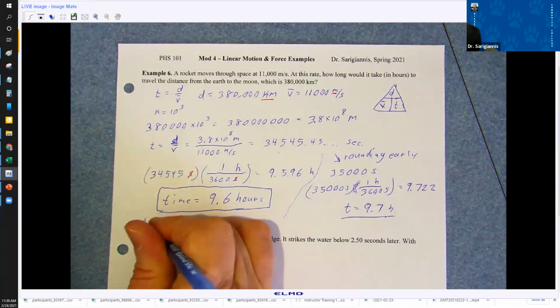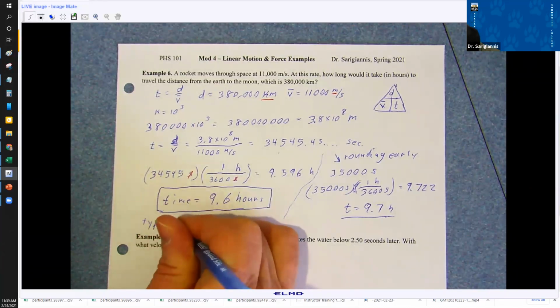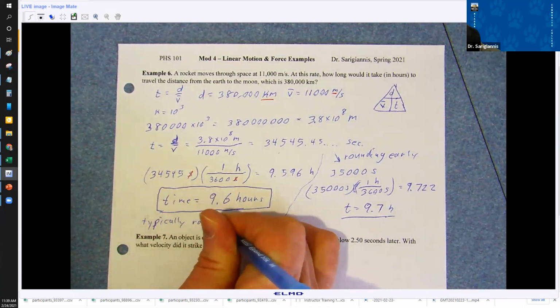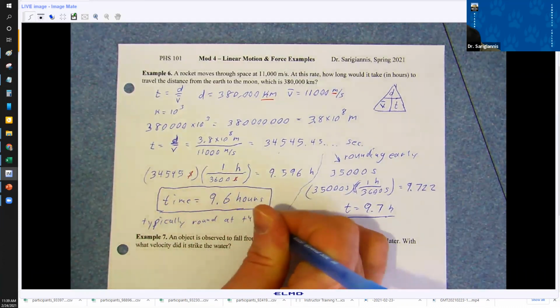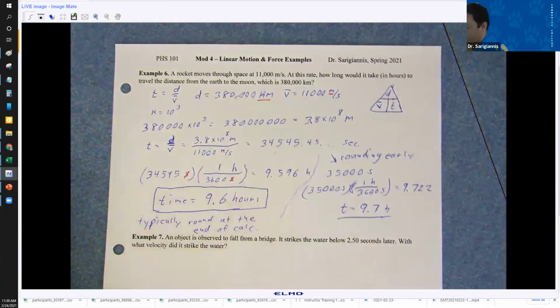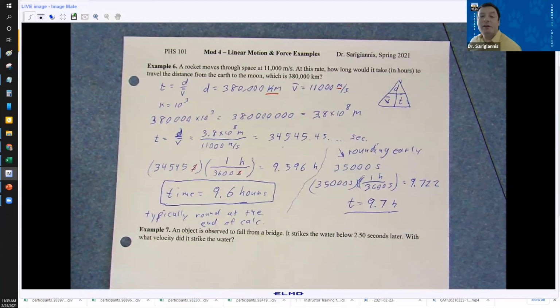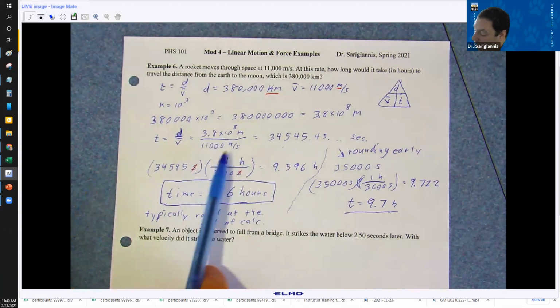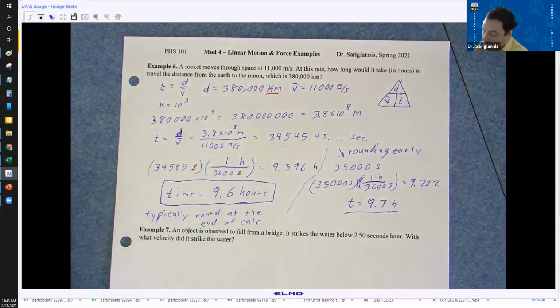Typically, round at the end of calculation. So take into account all the different steps, because we could have converted into time in one shot up here. I could have just divided this whole thing by 3,600. And if I'd done that in my calculator, I would have gotten 9.596 hours, right? Which I've rounded to 9.6.